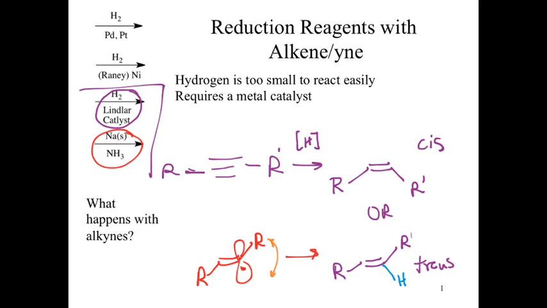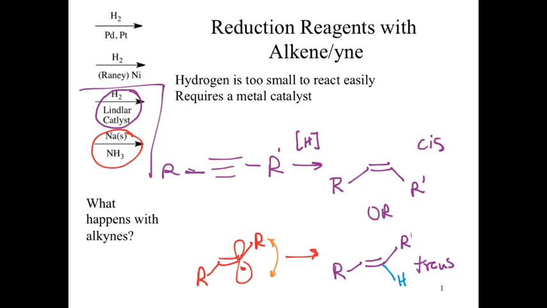So what you'll need to remember is that if you want a cis double bond, you need to use Lindlar's catalyst. If you want a trans double bond, you need to use sodium metal in the presence of ammonia. Okay, so that's ultimately the big differentiation.